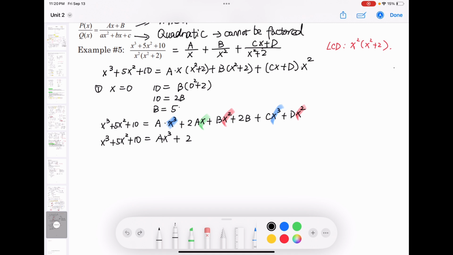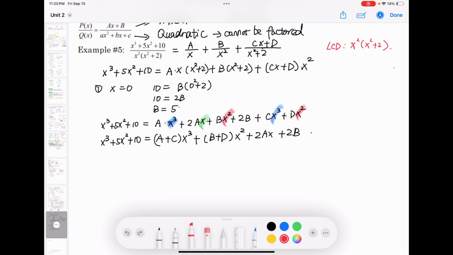I forgot to combine like terms earlier. Okay, b has been solved because I have seen that b is equal to 5. I'm looking for a, c, and d.